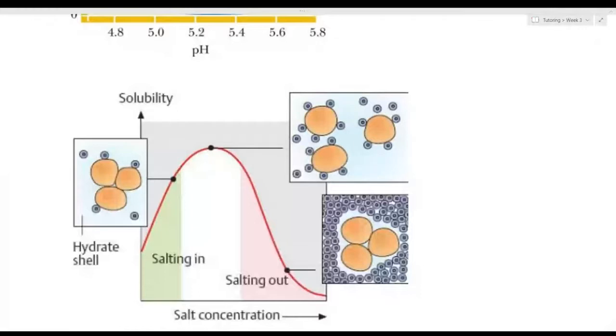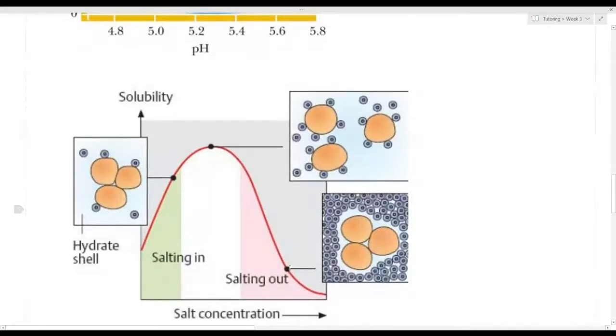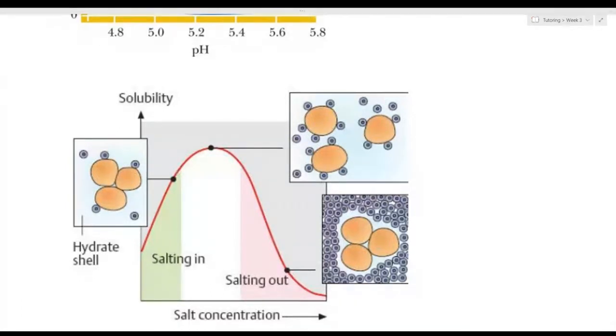So initially adding salt makes protein more soluble. Exactly. So I should explain this one. This is salt concentration and this is solubility on the y-axis. As you increase your salt concentration, you increase your protein solubility to a point. Perfect.